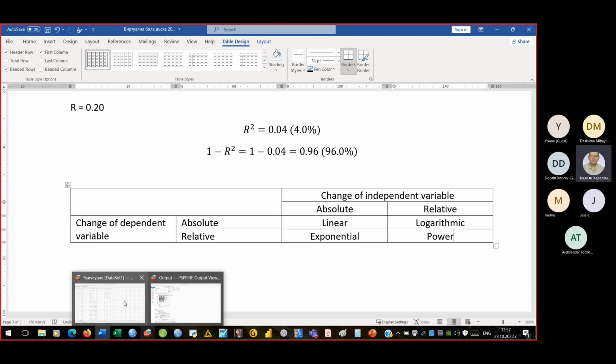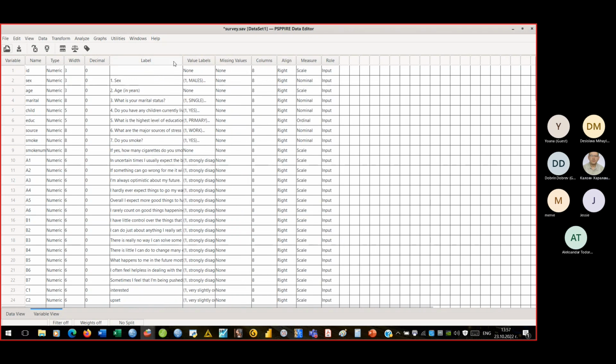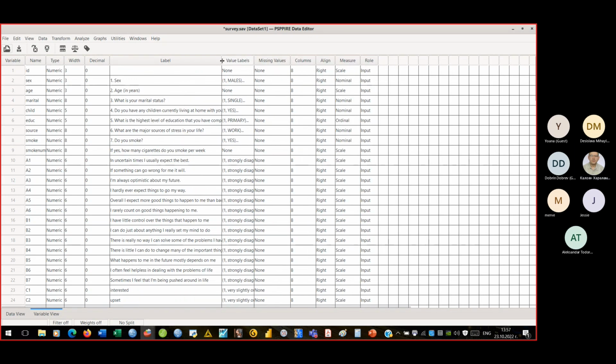Here in our data set, we have only one additional interval variable, and this is: if yes, how many cigarettes do you smoke per week? Because before that, the question is, do you smoke? With two answers, yes or no. And if one person answered yes, the next question is how many cigarettes per week.